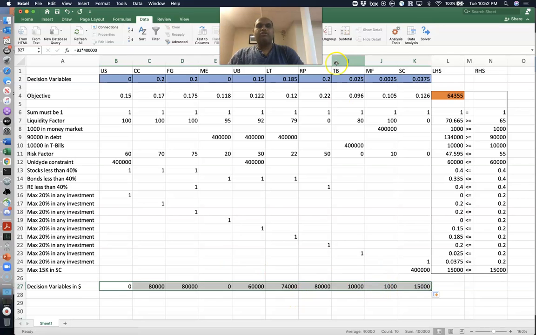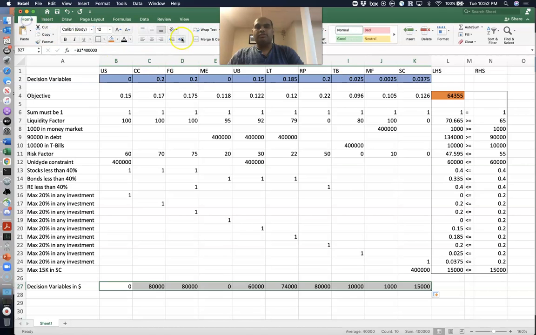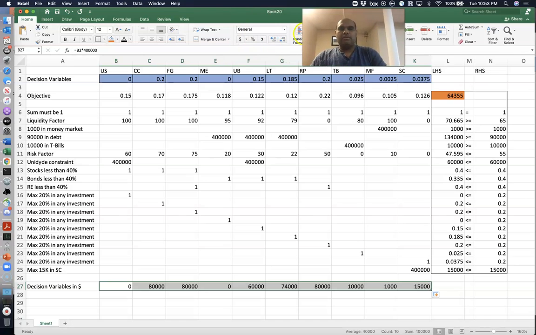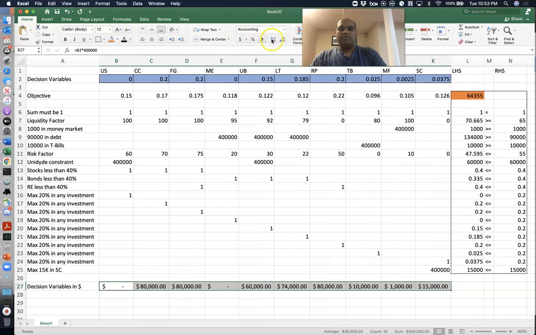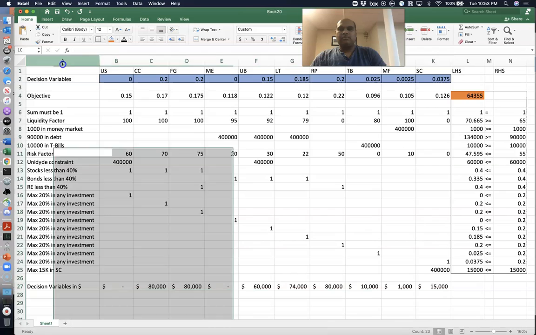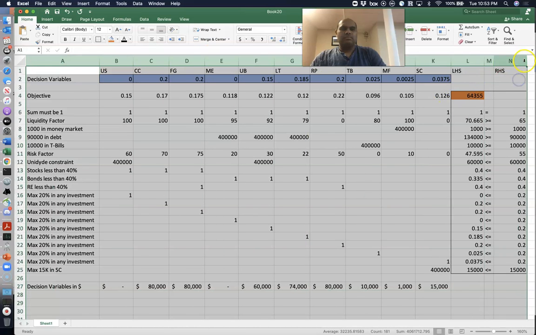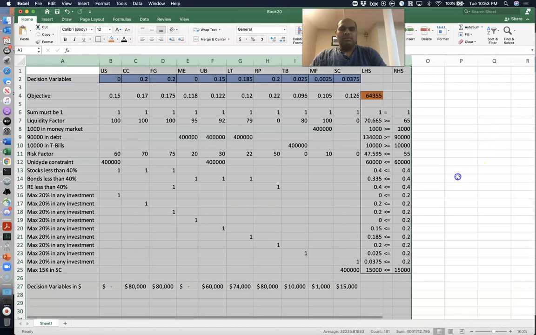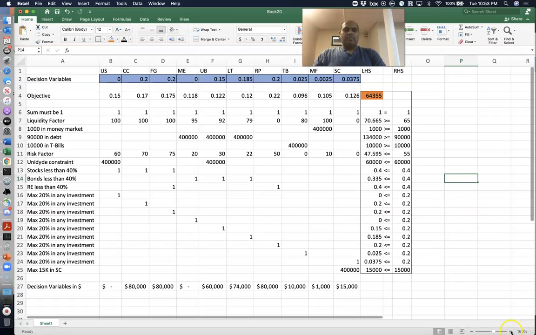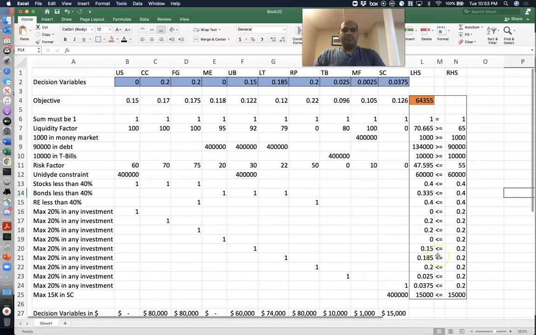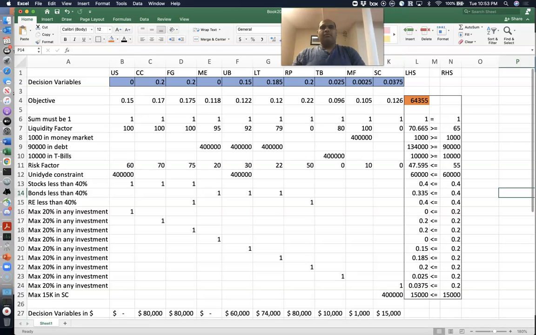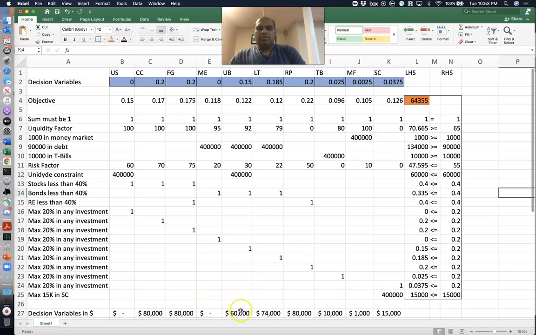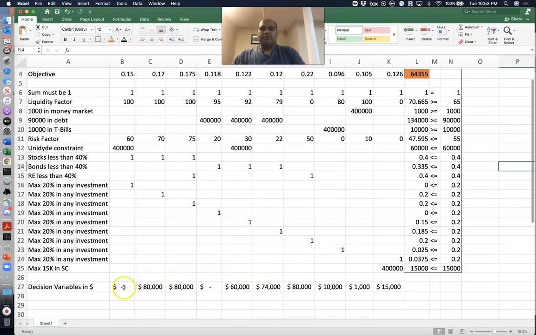This will tell you how much you should invest in each, dollar-wise. And there you go. That is the final solution right here.